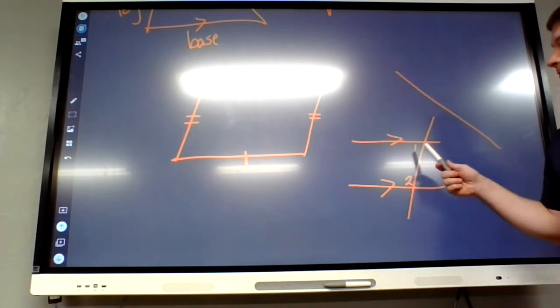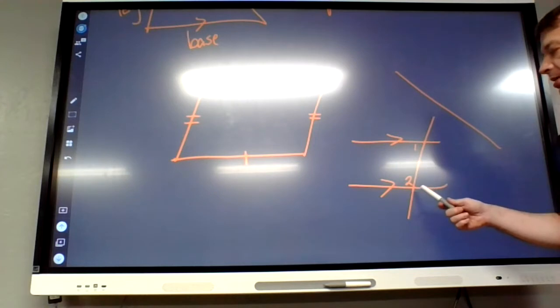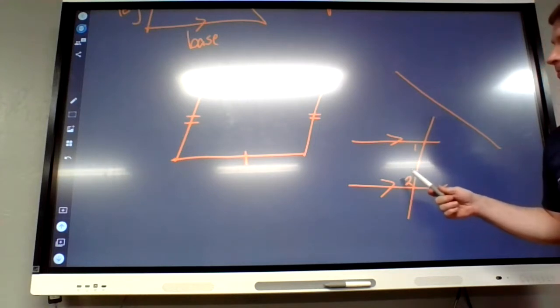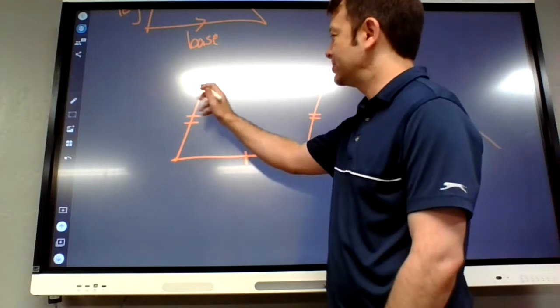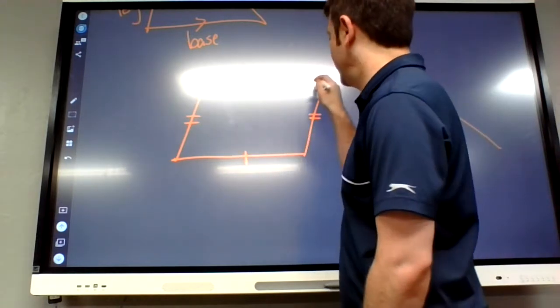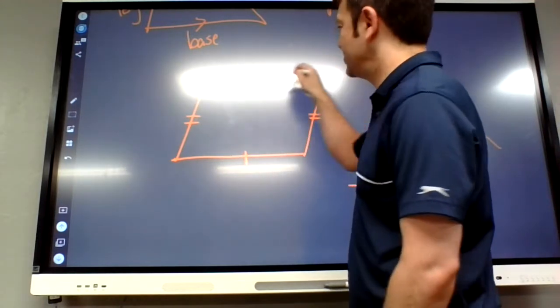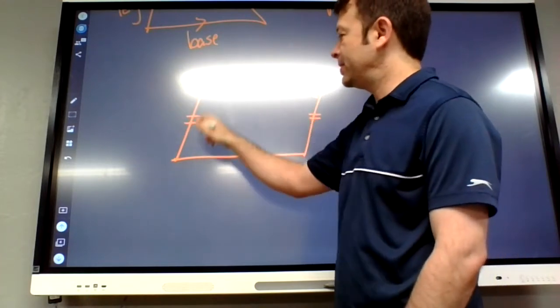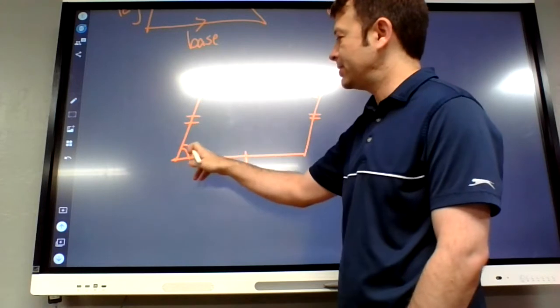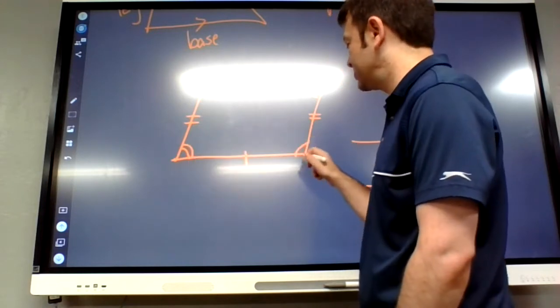Same side interior. And what did we know about them? They add up to 180. These are parallel lines, so these two angles right here are same side interior, or these two angles right here, or these two.